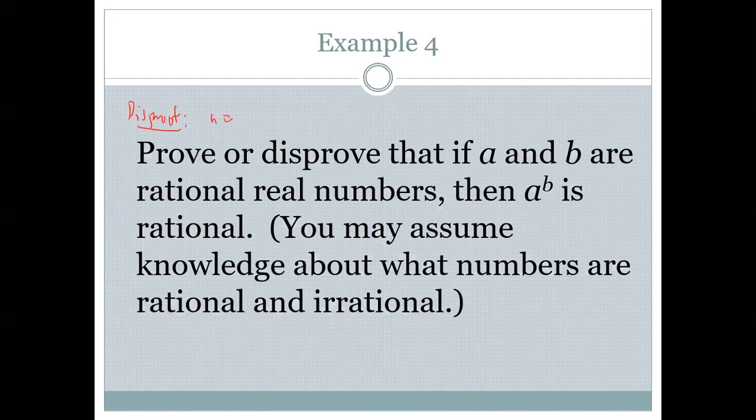A equal to 2 and B equal to 1/2 are rational. But what? The square root of 2 is irrational. Irrational! So there you go.